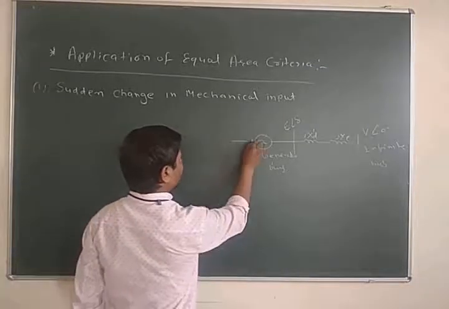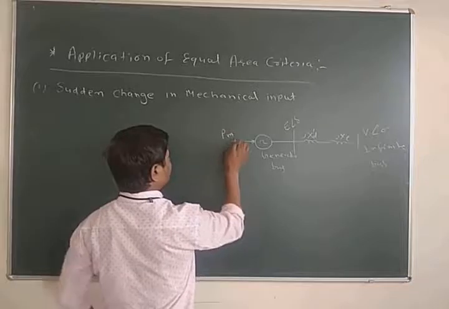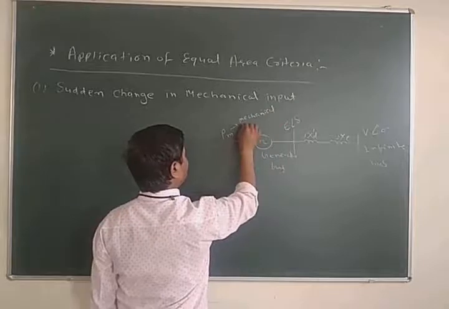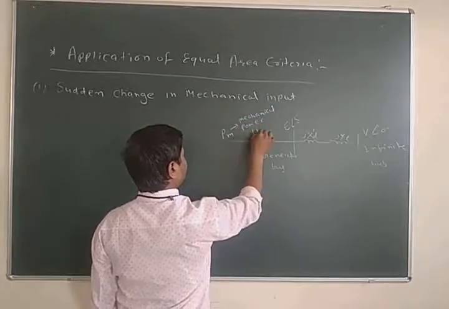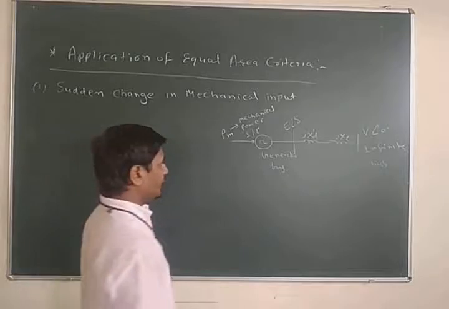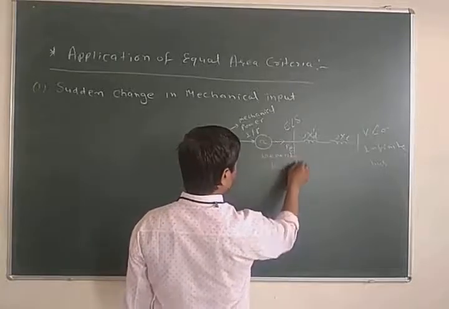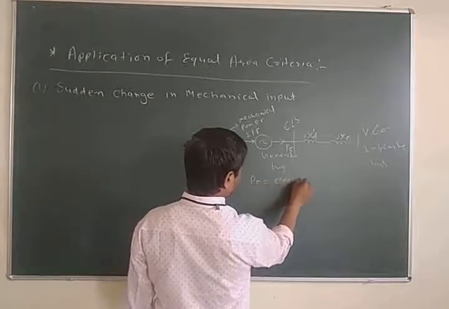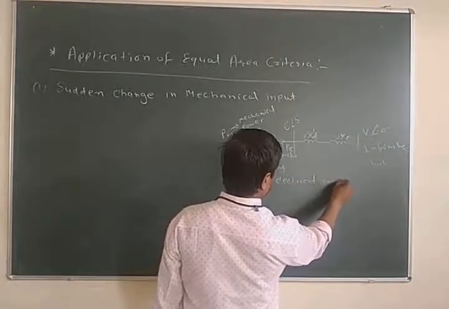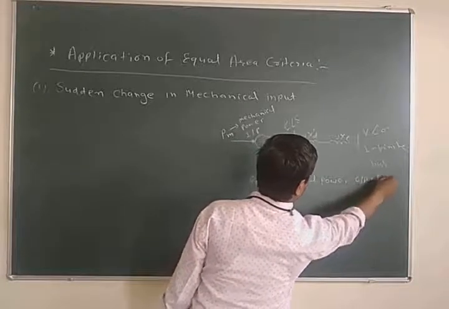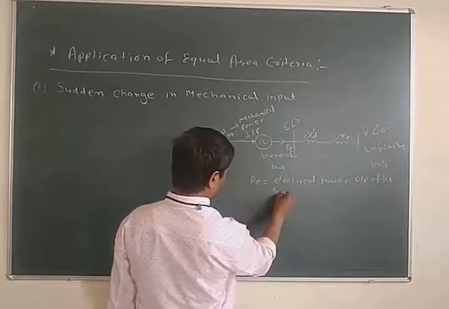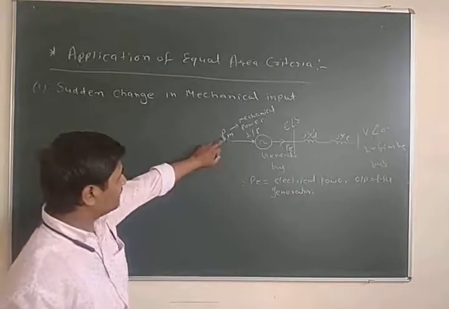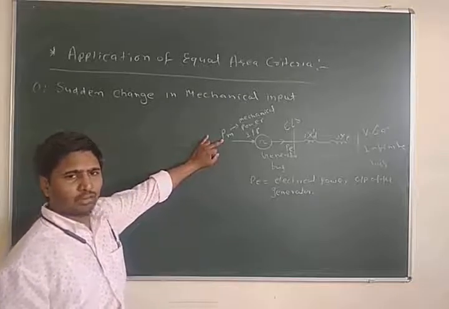Suppose Pm is the mechanical power input to the generator, and Pg is the electrical power output of the generator.